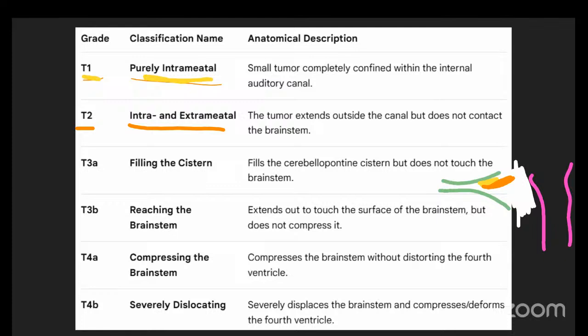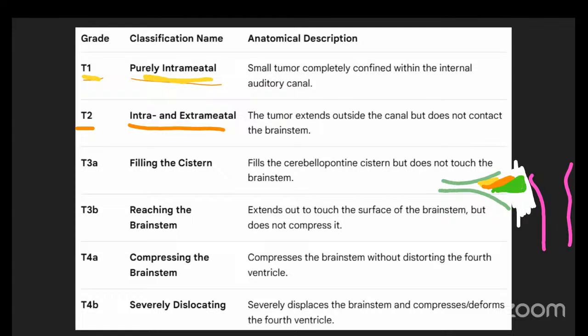T3A and T3B, both of them, are cisternal components. What do I mean by cisternal components? They are going to run around the CP angle cistern, but they are not going to compress or displace the brainstem. So if you follow along my color coding, you can see T3A, which is sort of filling up this white space, which is the CP angle cistern.